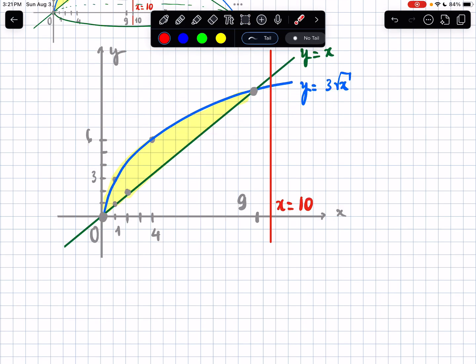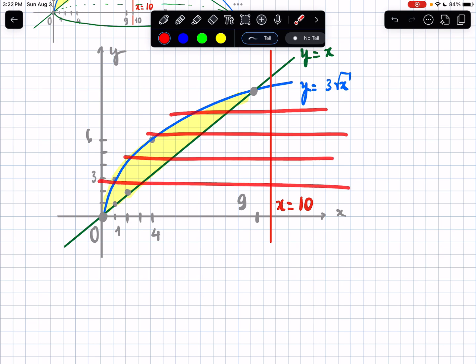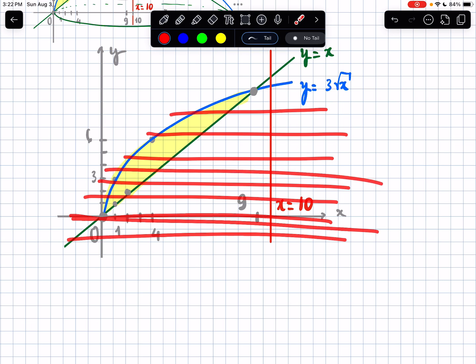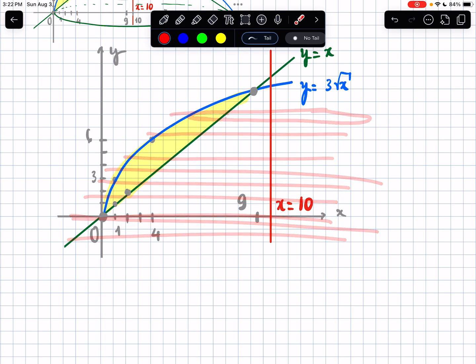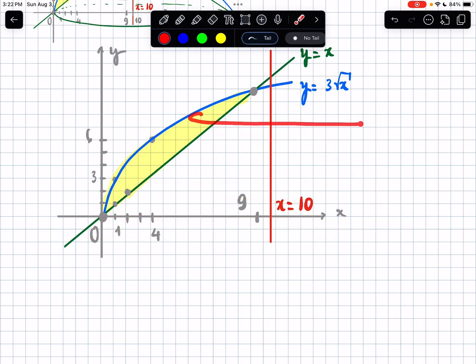By the method of slicing, we slice the solid by planes perpendicular to the axis of revolution. We will compute the volume by the washer method. So every slice would look like this.